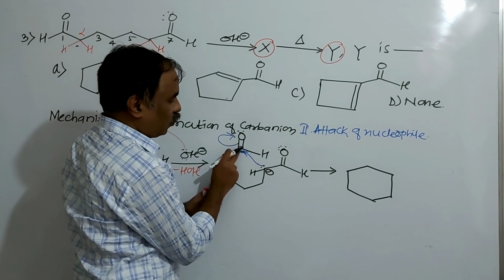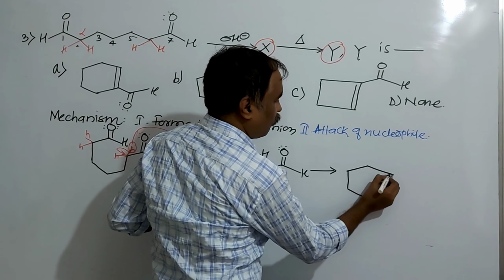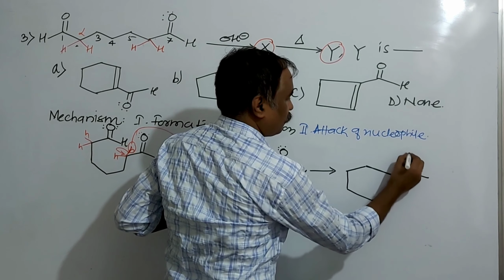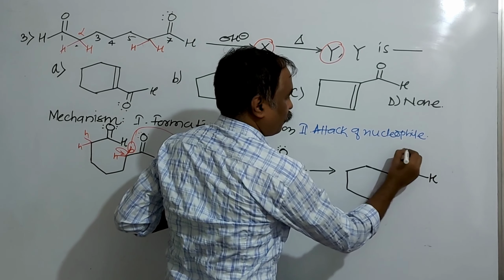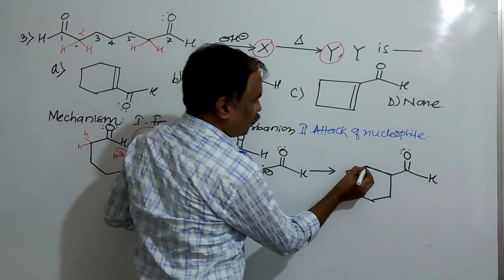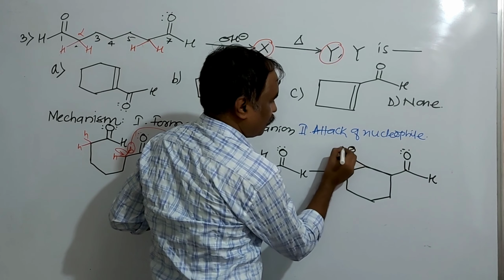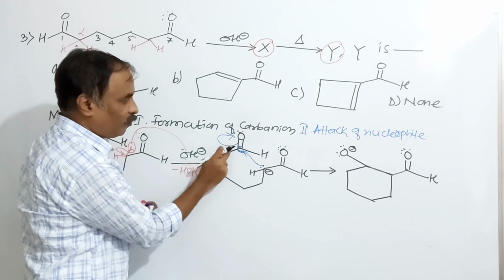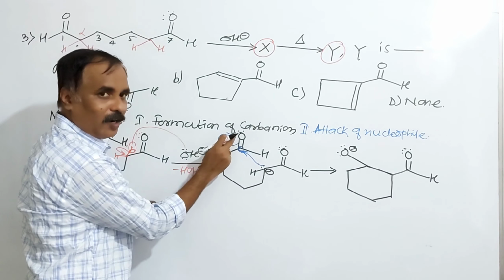The next structure will be: here it is a new carbon carbon single bond. This aldehyde group remains as it is. On this carbon, the oxygen is now negatively charged, because after the pi bond breaks, both pi electrons shift towards oxygen, which is more electronegative.